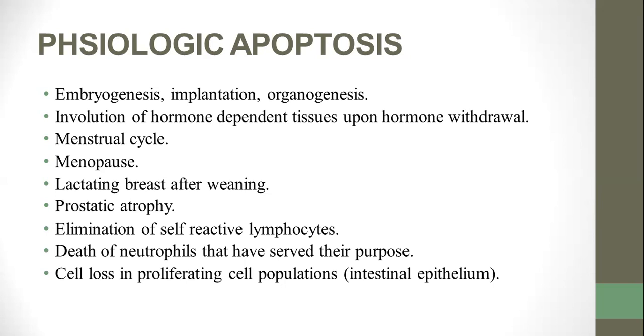Then prostatic atrophy, and elimination of self-reactive lymphocytes, which are the body's own lymphocytes; because they are reactive to the body's own cells, they are eliminated. Then death of neutrophils that have served their purpose after they have cleared up the infection; they are also removed by apoptosis. And the intestinal epithelium is a rapidly proliferating epithelium, and there is rapid cell loss in these types of epithelia. This is also because of apoptosis.